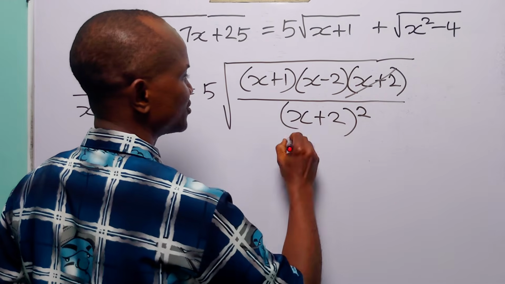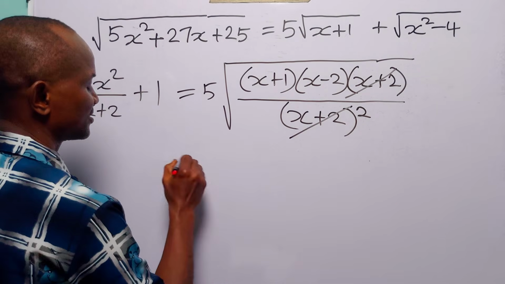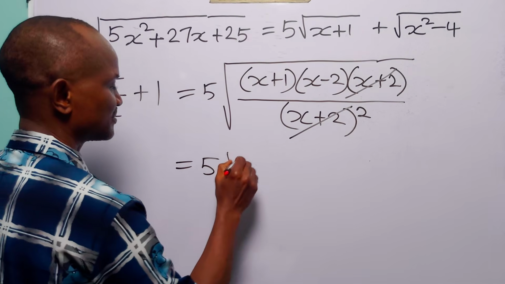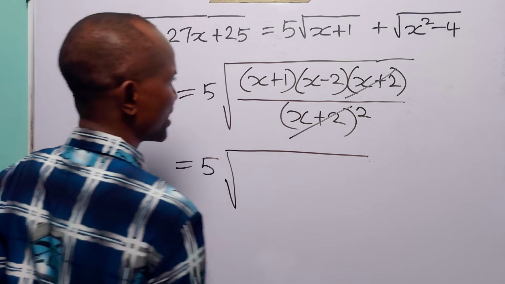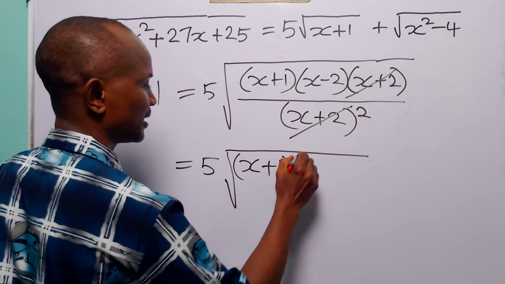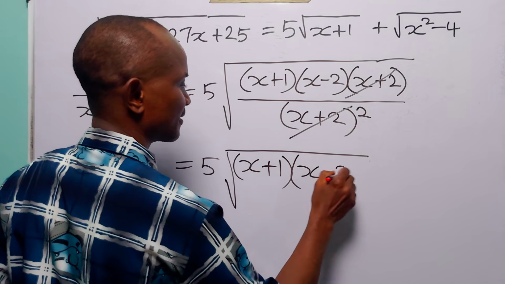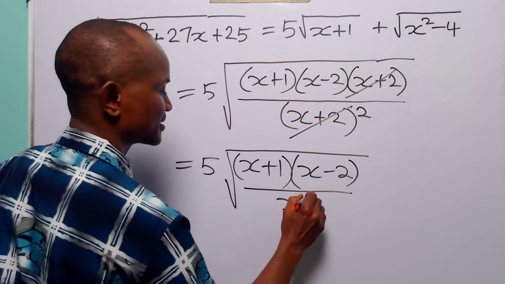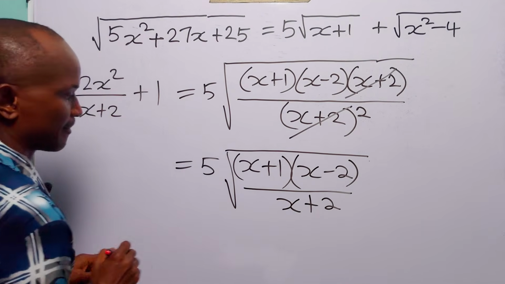Now, this is going to take one of that, so that on the right-hand side we have 5 times the square root of (x plus 1)(x minus 2) divided by x plus 2.